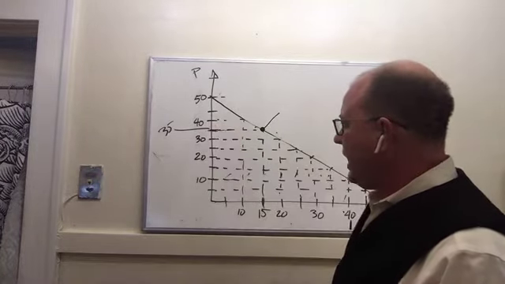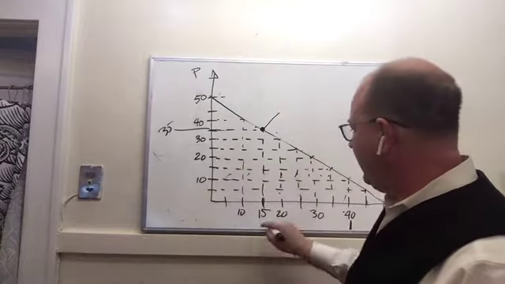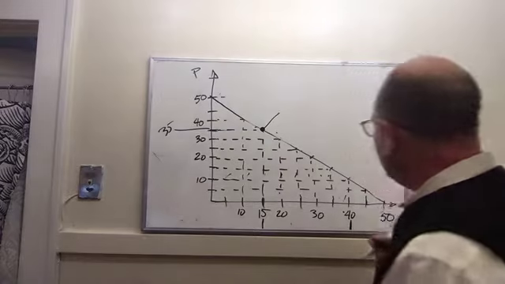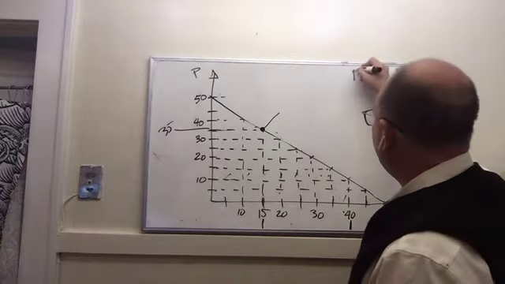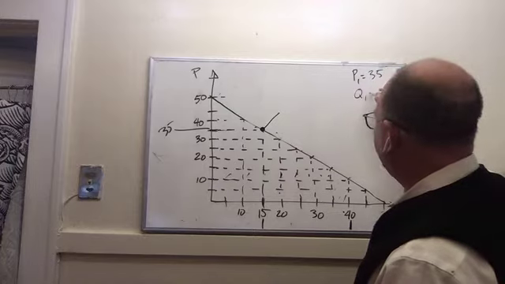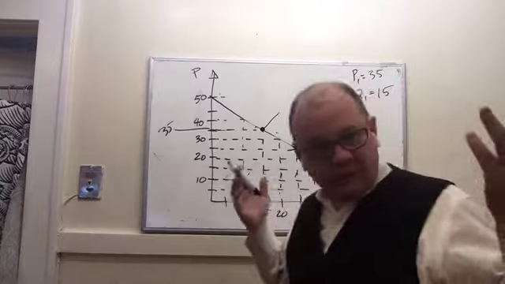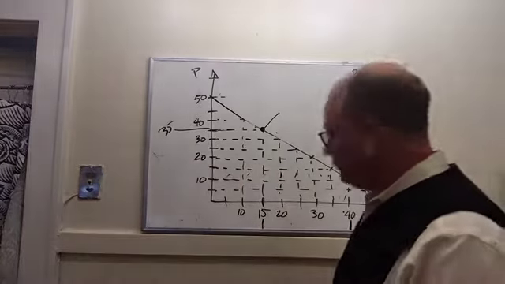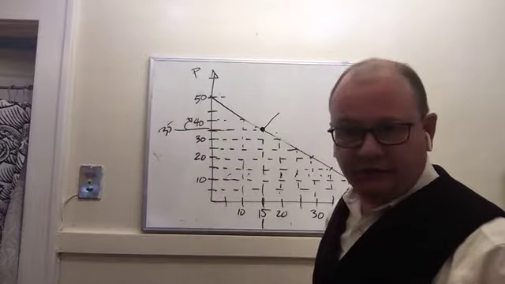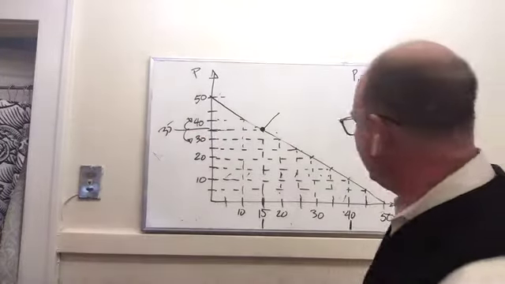We are starting at that point there, our starting price is 35 and our starting quantity is 15. So, in other words, our P1 is 35 and our Q1 is 15. If I was in class, I would say half of you figure out what happens when we go from 35 to 40, and half of you figure out what happens when we go from 35 to 30.